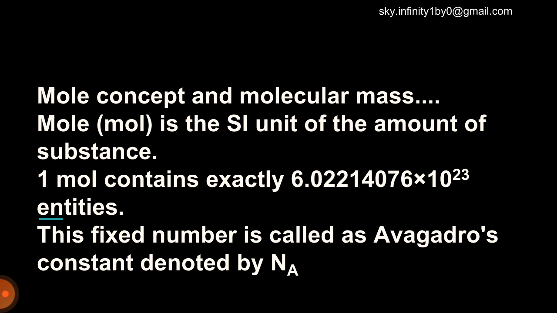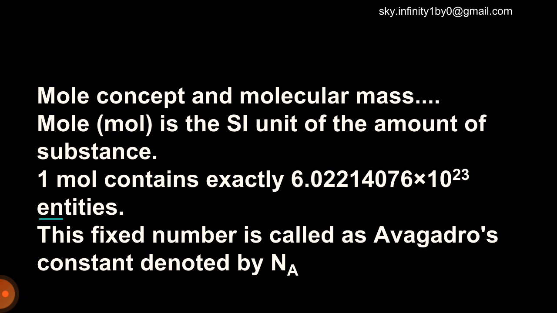Let's move ahead. Mole concept and molecular mass. As we all know, mole, which can be written as mol, is the SI unit for the amount of a substance. 1 mole contains exactly 6.022140076 × 10^23 entities, that is atoms, molecules or any other particles, and this was given to us by Avogadro.